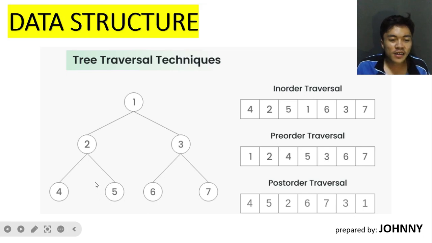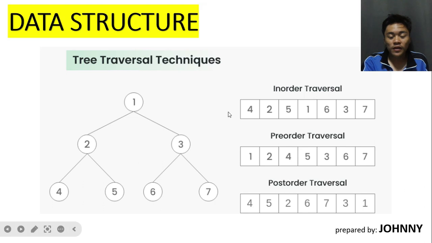Okay, and then after there's no more left, only then we turn right and then go back to root, left, and right. Okay, and post-order: left, right, root. Here. So this one we do left, right, root, then left, right, root again, and then left again. But this time it's number one.